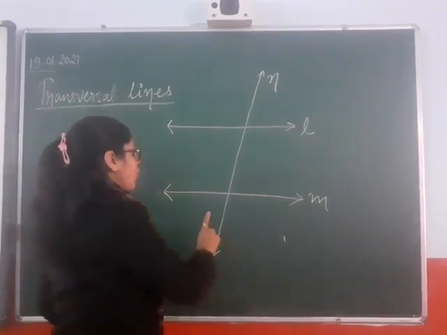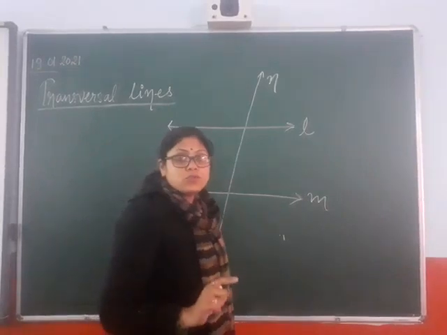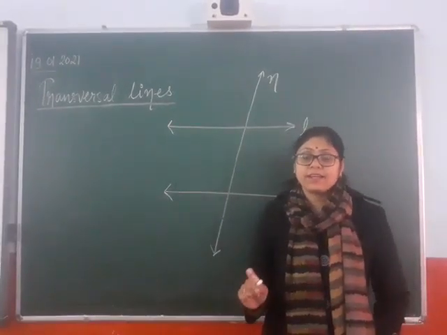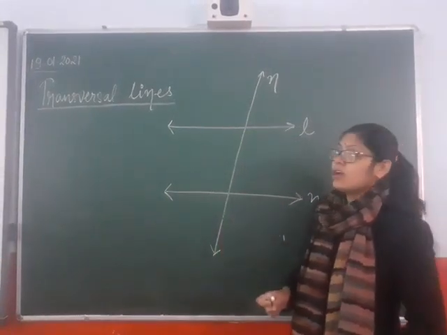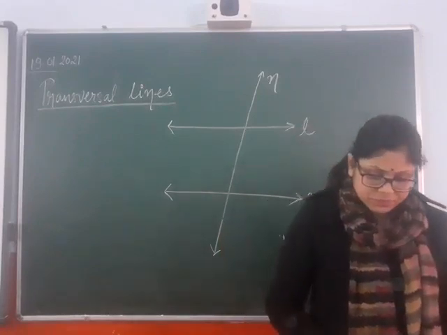So this will be called a transversal. When two or more than two lines are cut by any line, that line is called a transversal. So this is a transversal line. Which one is a transversal here? N will be a transversal line.